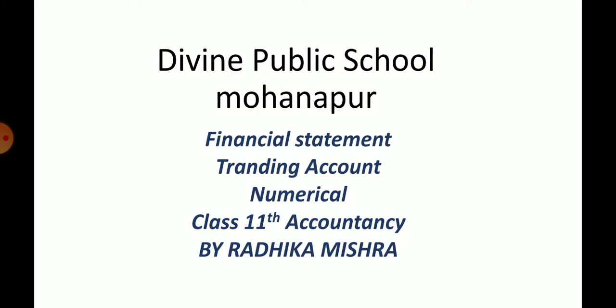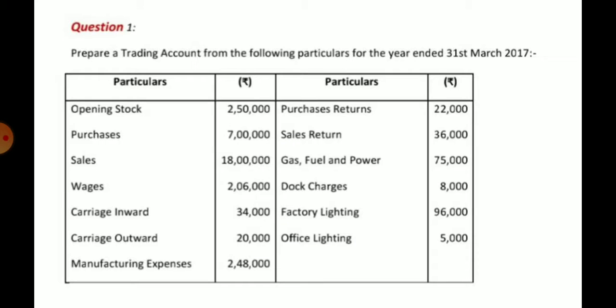Okay, so let's start. The first question is, prepare a trading account from the following particulars for the year ended 31st March 2017. To make this trading account, you must open the format of the trading account in your book.